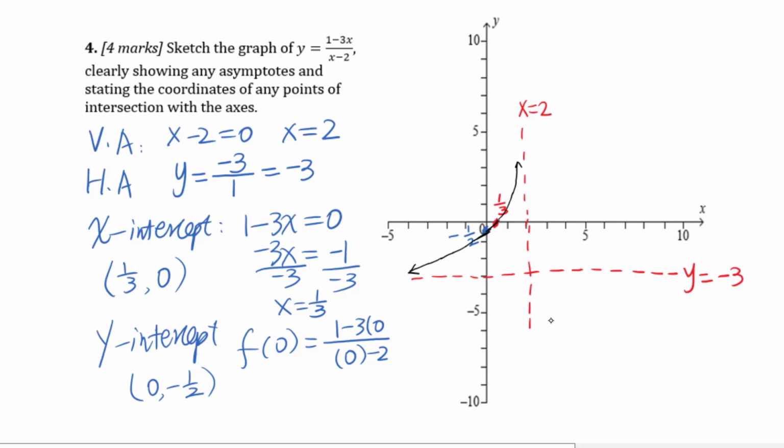The other part will be here. When it says clearly showing any asymptotes and coordinates of any points of intersection with the x-axis, it means you have to label on the graph these asymptotes and intercepts.